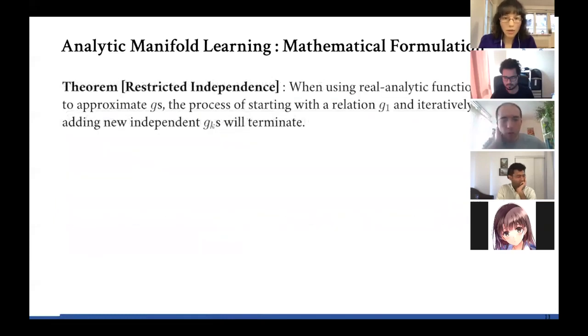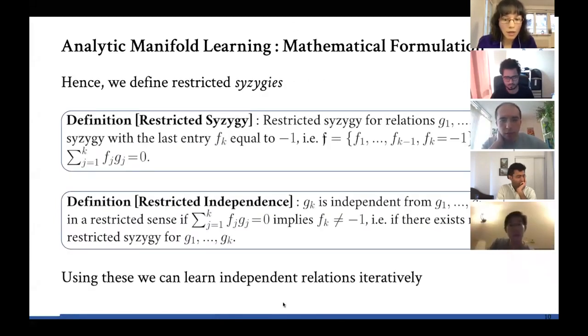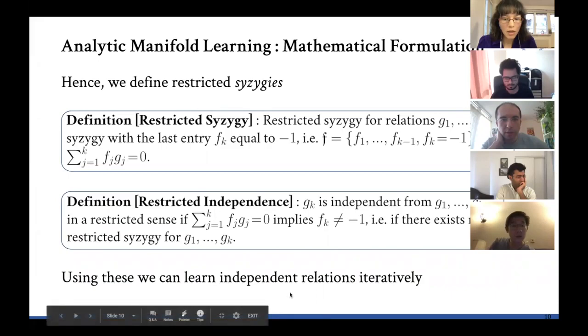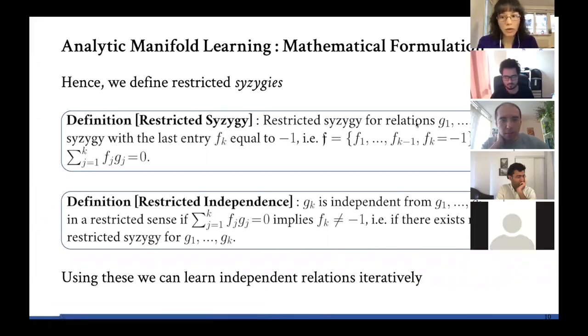So why did we have to move to nonlinear independence? Why wasn't linear dependence sufficient? Because we want to learn G's that are arbitrary. Jumping ahead, we would want G's to be arbitrary analytic functions, and we will approximate these functions by our favorite tools, the neural networks.